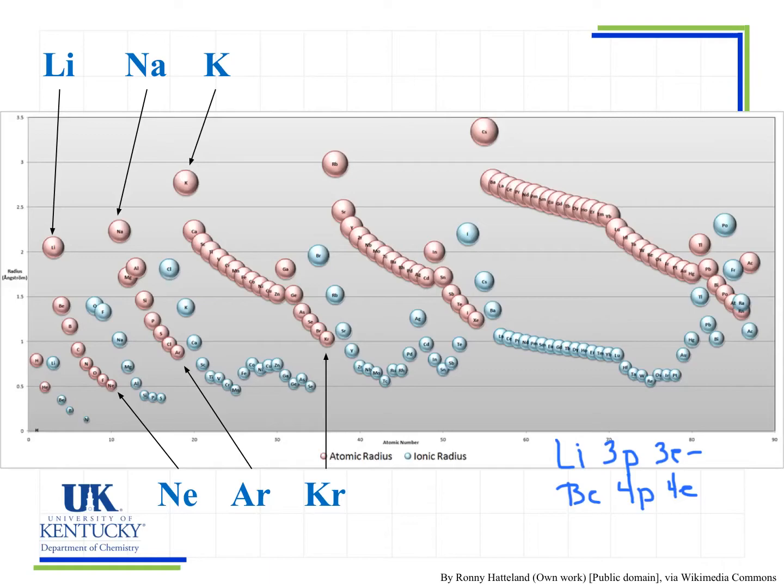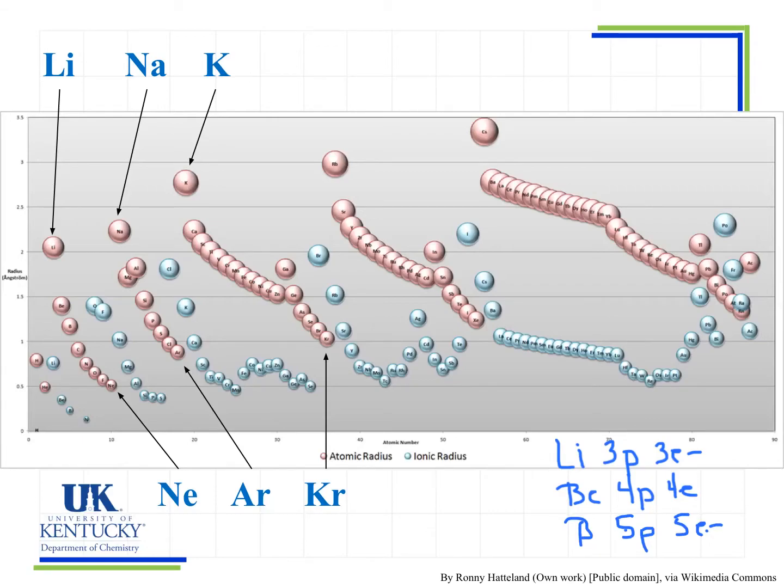Every time we go over again, so to boron, we have 5 protons and 5 electrons. Again, we're adding to that same principal energy level, that same n-value shell that we talked about with our orbitals. And so we're just increasing the attractive force between the nucleus and that outermost electron, and there's no additional shielding. And so what happens is the atoms actually get smaller as I go from left to right.